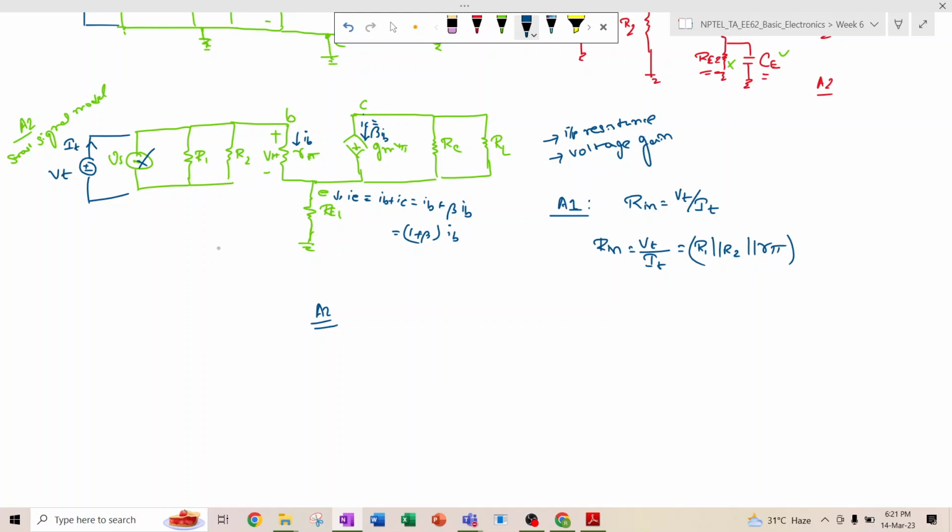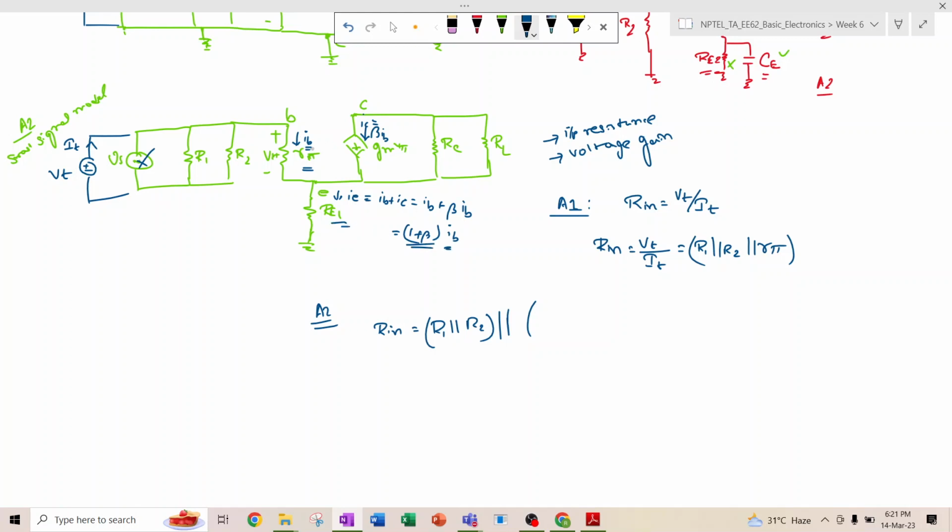So R input is nothing but R1 parallel R2 parallel with, IB current flowing through R pi, and also 1 plus beta IB through RE1.